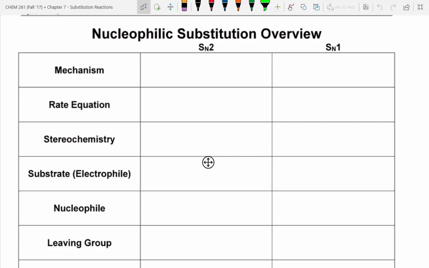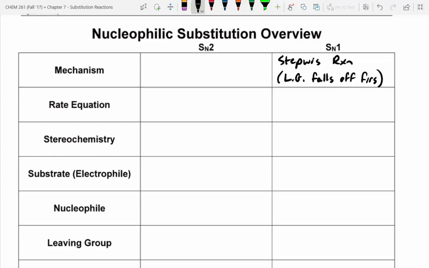SN1, right? So SN1, we said, is a stepwise reaction. And we said that the leaving group falls off first. In fact, that's our rate determining step, that leaving group falling off, forming a carbocation.